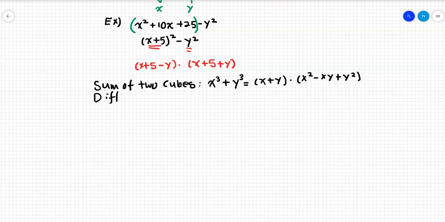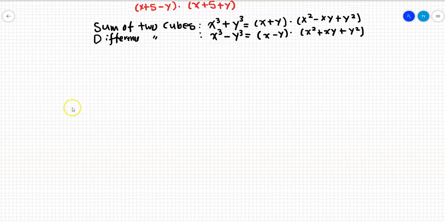And the difference of two cubes: x cubed minus y cubed is going to be x minus y times x squared plus xy plus y squared. Okay, so let's just remember these formulas. I'm just going to give you a couple of examples.